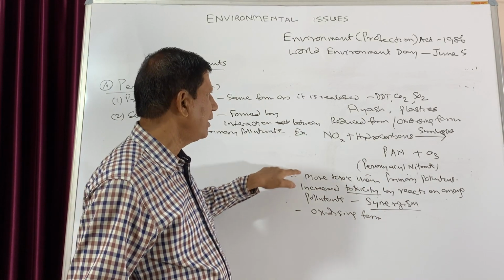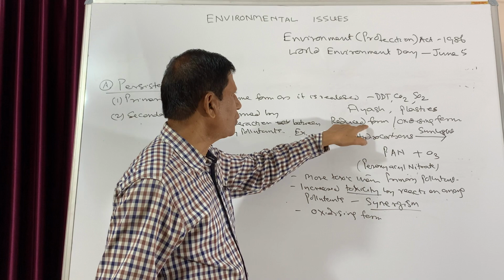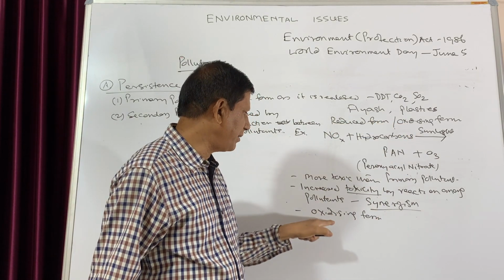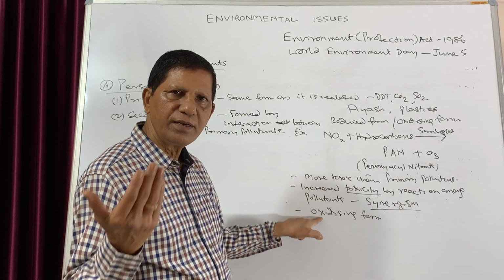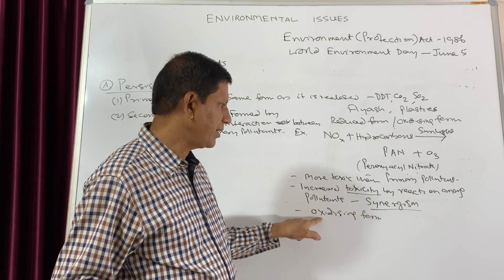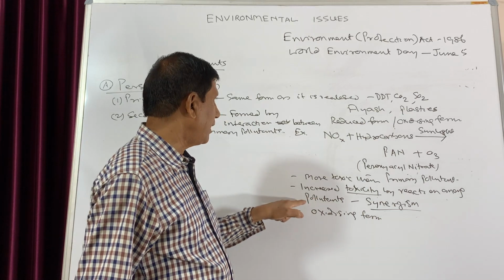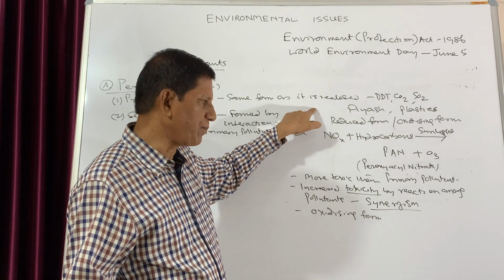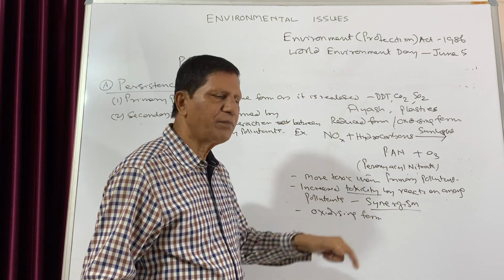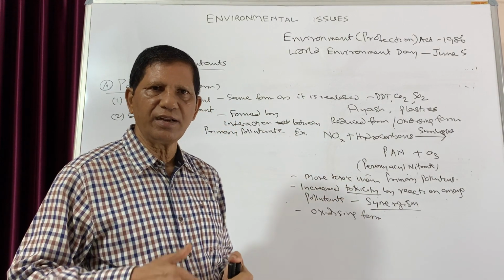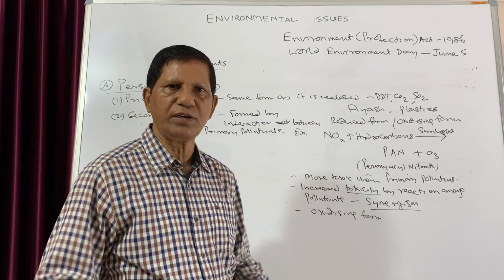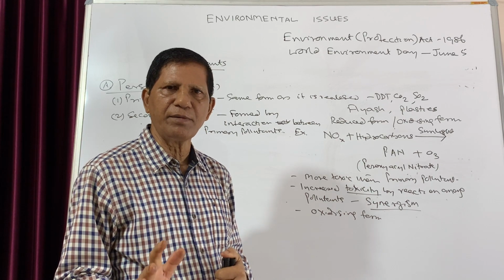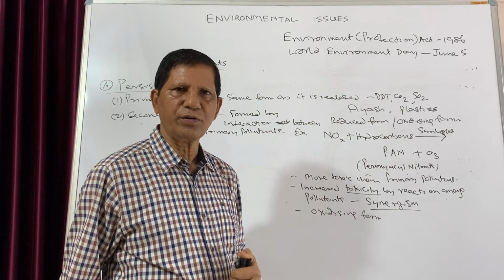Third, primary pollutants are usually present in the reduced or oxidizing form, but secondary pollutants are always present in the oxidizing form. The fourth point, primary pollutants don't exhibit synergism, but secondary pollutants exhibit synergism, that means their toxicity increases. So these are the major differences between primary and secondary pollutants, which is important from the examination point of view.